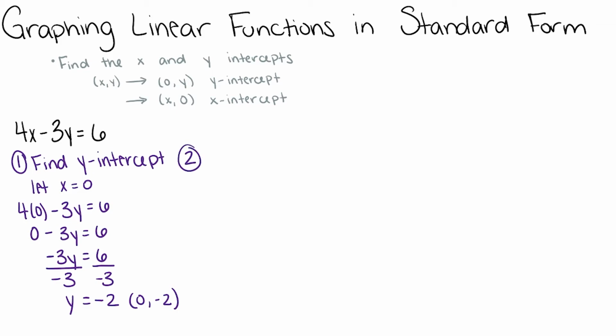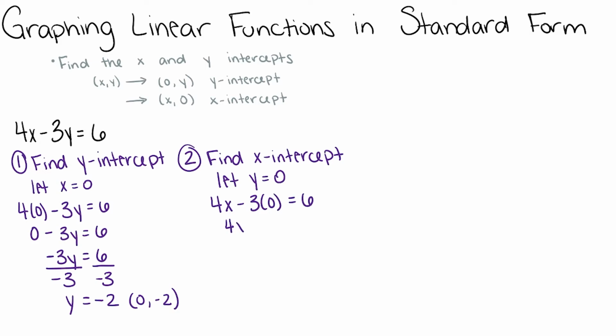Now let's find our x-intercept. So we'll let y equal 0. Plugging in 0 for y gives us 4x minus 3 times 0 equals 6, or 4x minus 0 equals 6. 4x equals 6. Divide both sides by 4.